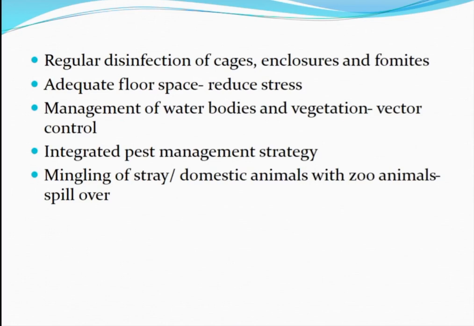Then another important thing is that zoos are usually in an urban, or occasionally in a suburban setting, and the locality will be very suitable for access to stray animals and rodents like rats.